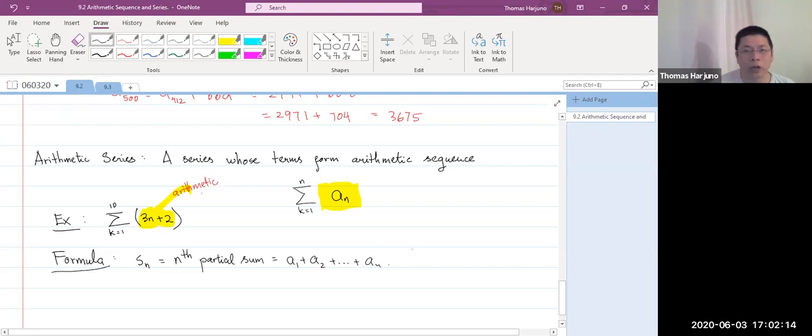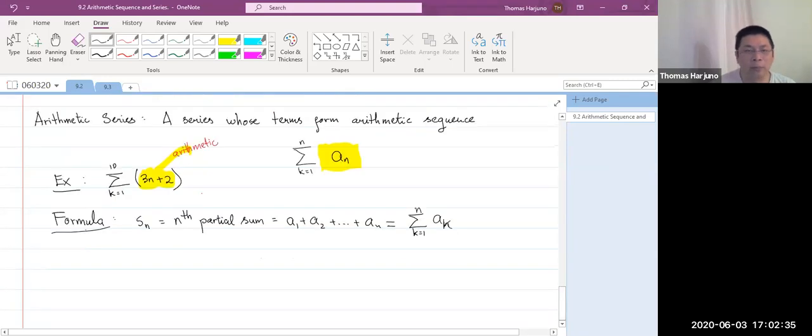In our summation notation, that is the sum from the first term to the nth term of the sequence. Now, what is the nth partial sum for an arithmetic sequence? Arithmetic series.